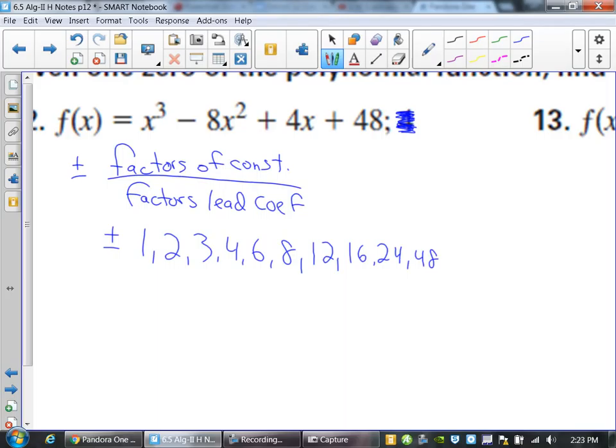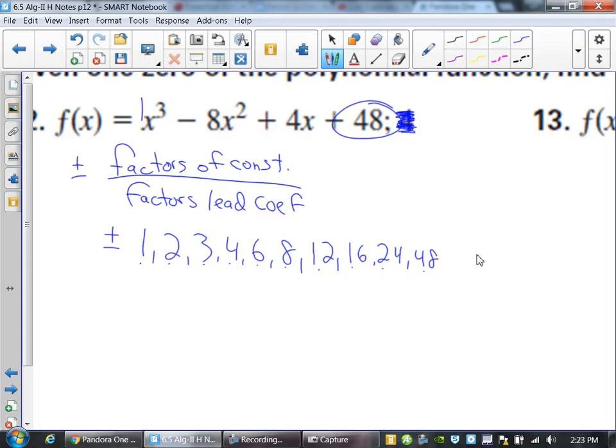Wait, so the constant is the last number without an x? Yeah, the last number is the constant, and the leading term coefficient is this. Okay, so let's count them. 1, 2, 3, 4, 5, 6, 7, 8, 9, 10, times 2 is 20. There are 20 possible zeros here.